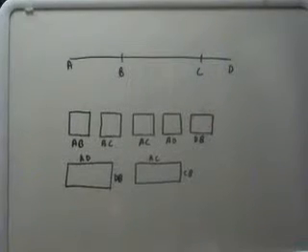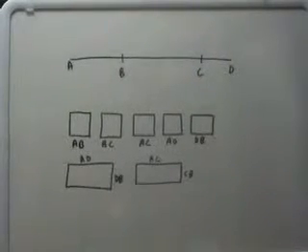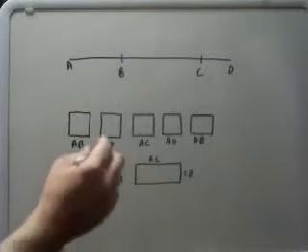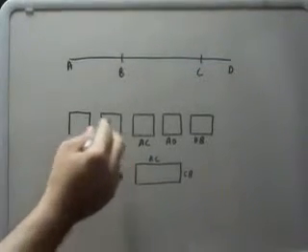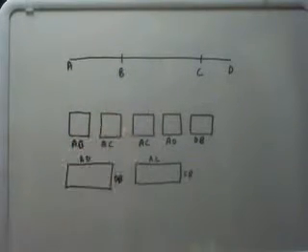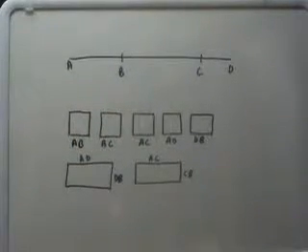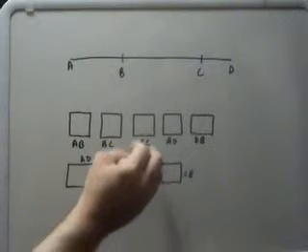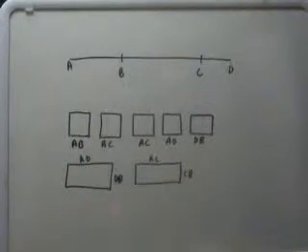First we add these two areas together, and then we subtract twice the area of this from this sum.